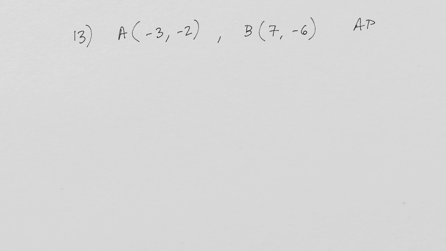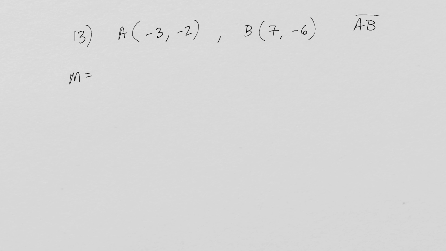Okay, number 13. A is the point negative 3, negative 2. And B is the point 7, negative 6. And they want to know the slope and the length of AB. So let's find the slope first. The slope is the difference of the y's.